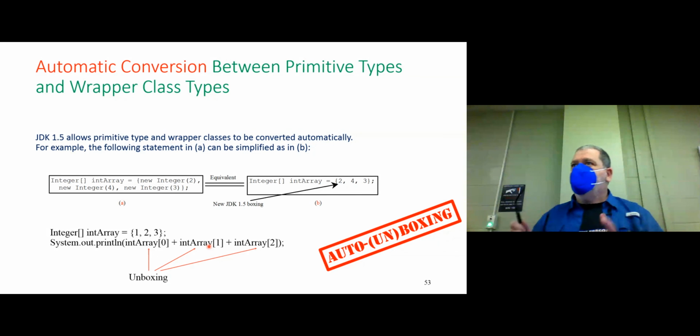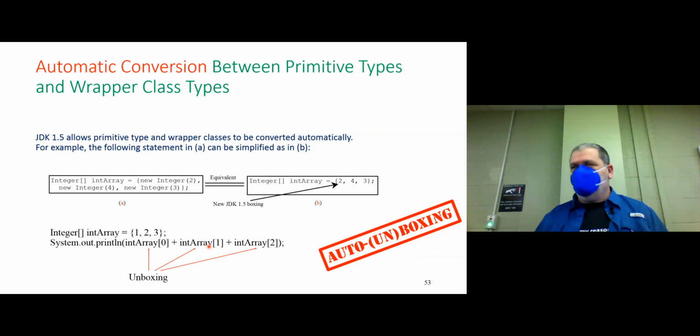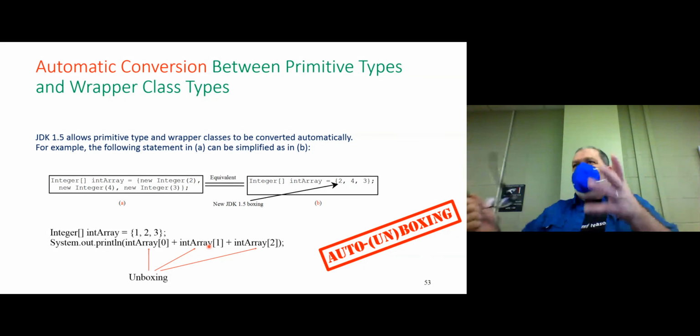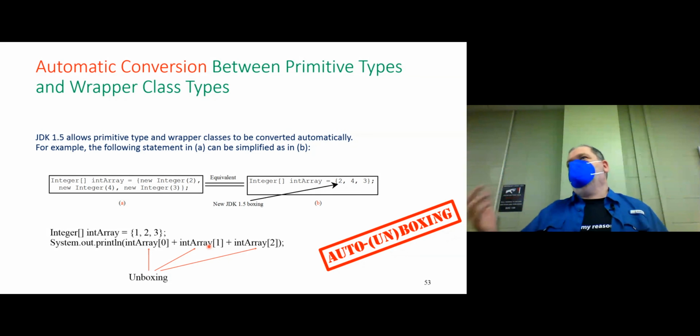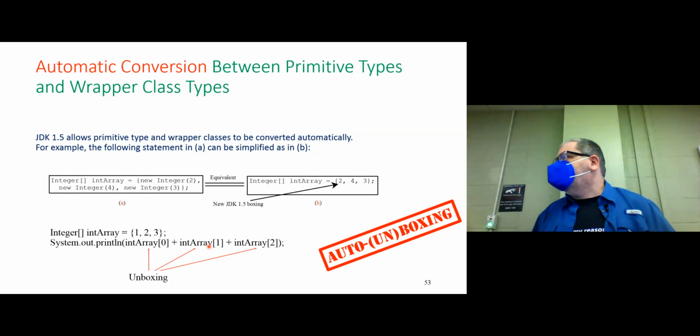So now I have an int plus an int. The plus operator can be applied. I get a new int value, and I still have a plus int array index 2. Again, int array index 2 is unboxed. I have now two int values, add them together, and at the end, very good question, what do I get? One number or three numbers or what? One number. That is the addition of the int values that were inside those three objects.